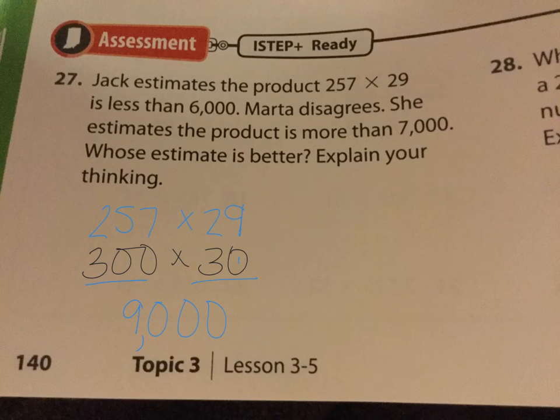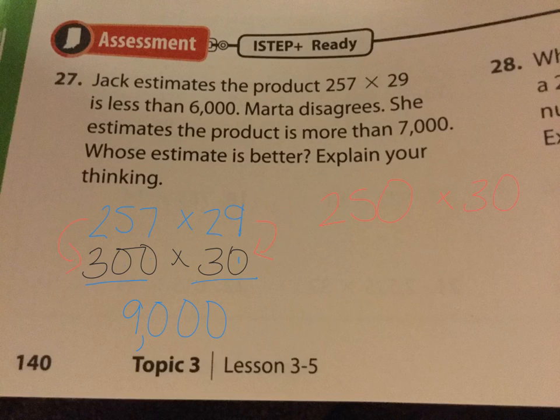Granted, we did round up. When we went from 257, we went up to 300, and from 29, we went up to 30. So we do have an overestimate, but 9,000 is quite a bit off from 6,000. Let's try, instead of rounding 257 to 300, let's round it to 250. And we'll keep 29 at 30.